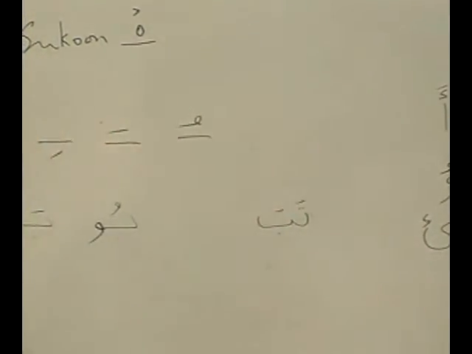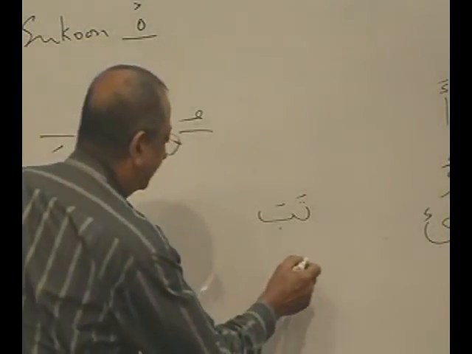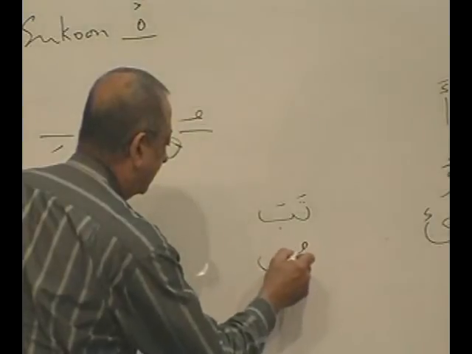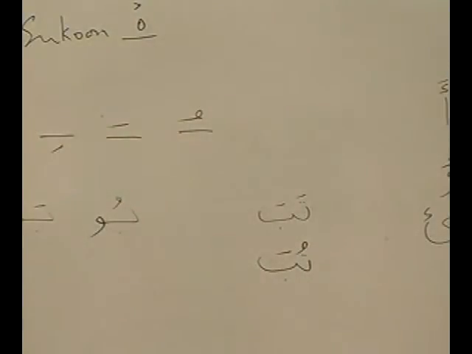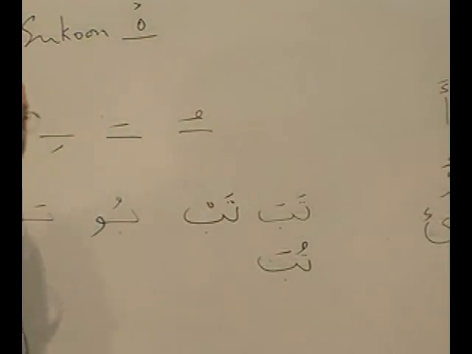What is this, brother? Taba. Okay. And what is this? Tuba. Are you with me? Now I write down like this. What is this? Tab. There is no vowel sign on ba. Tab.